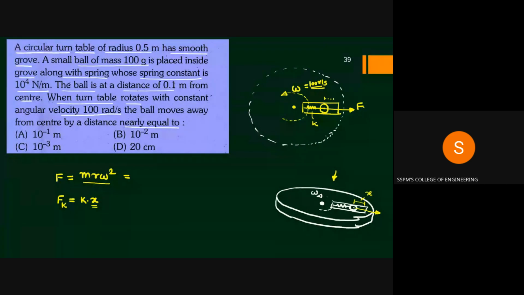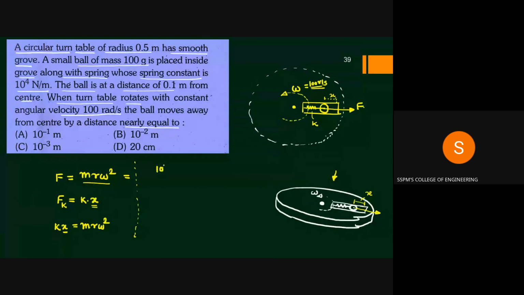Let us take this displacement as x. We can equate these two equations. So Kx is equal to m r into omega square. The question is we have to find the x value, the displacement of the ball. K is given, mass is given, radius is given, and omega is given. Just put all the values and try to simplify the equation.